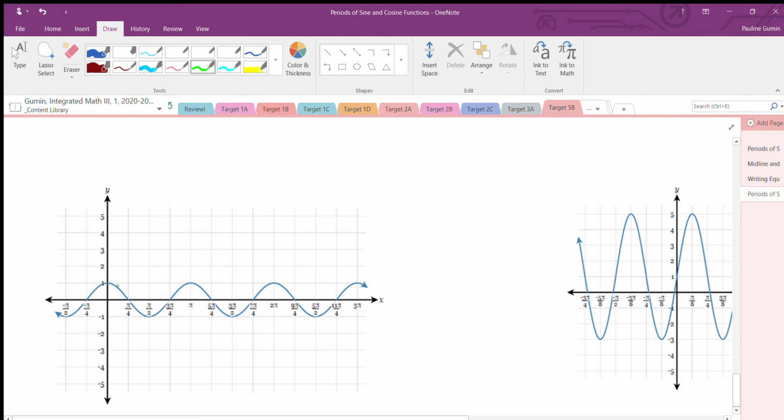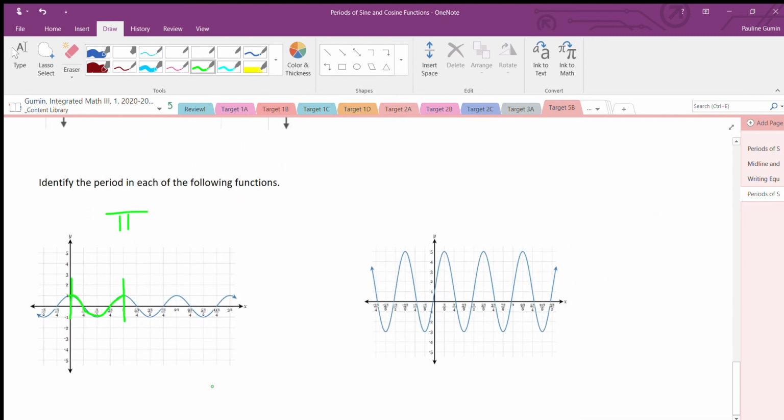I start here at 1, I go down, and then back up. I don't want to repeat myself. That's just one cycle, one period of it. I went from 0 to pi. So in this case, my period is pi. That's the length.